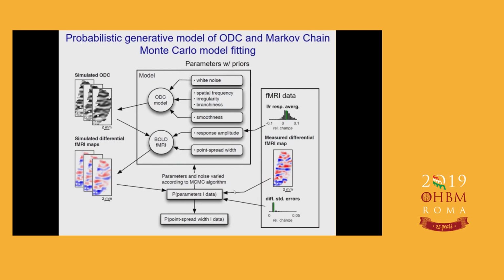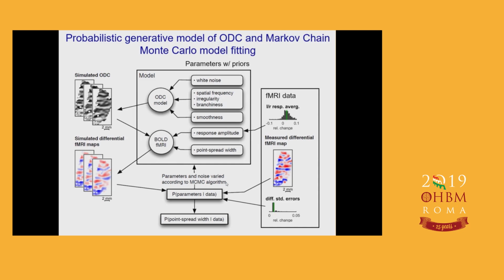And that's how the fitting looks. In the main box here, we have the model. The model generates, iteration by iteration, a simulated ocular dominance map that we can convolve with the hemodynamic response function in order to obtain differential ocular dominance columns on the left, that we compare to the differential ocular dominance columns from a subject on the right.